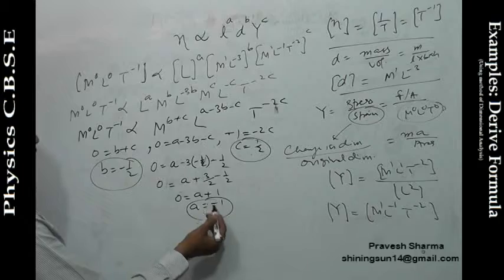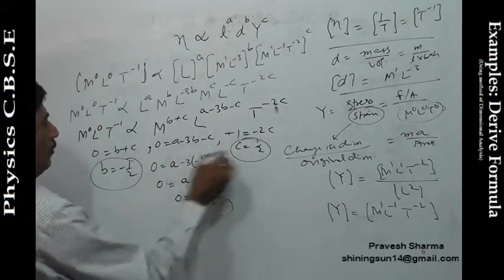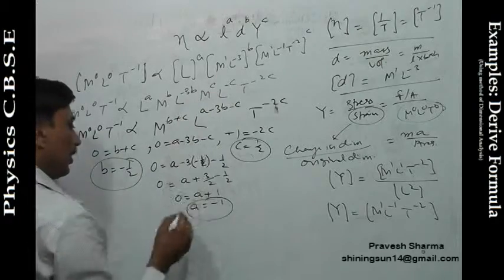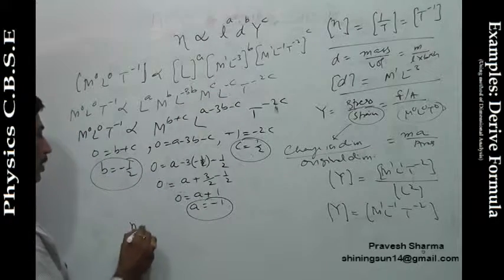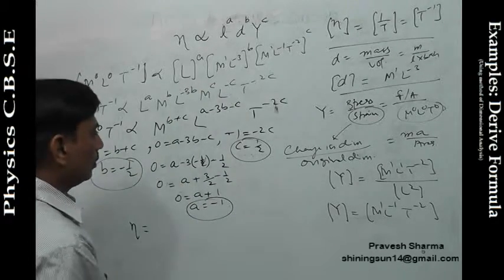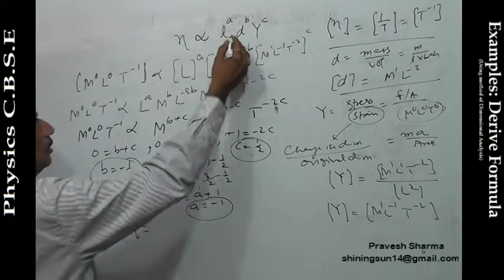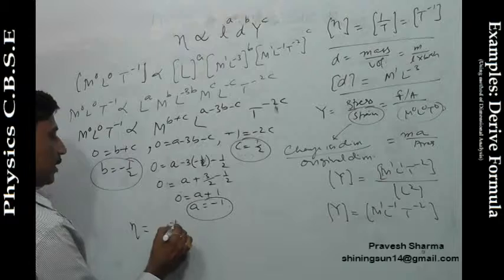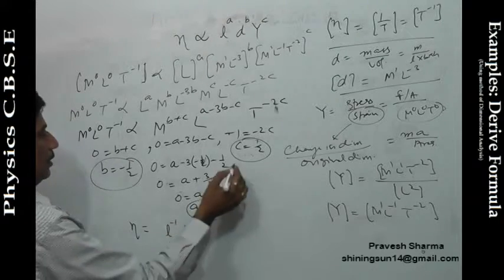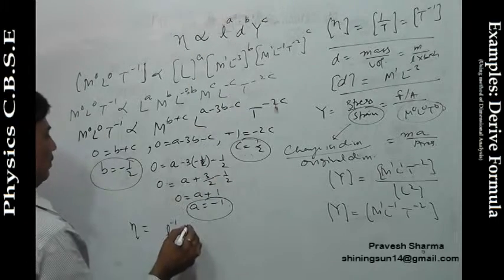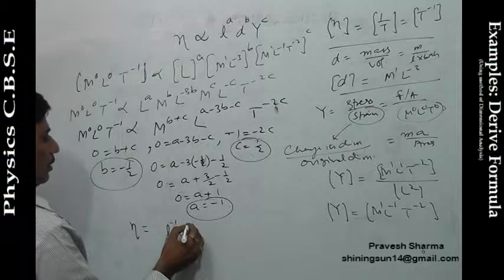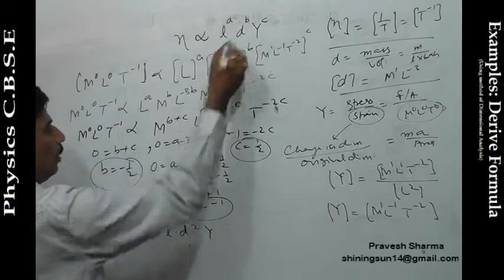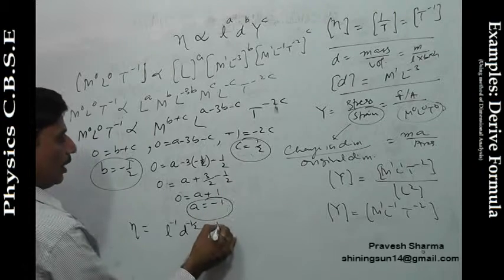So we have got the values of A, B, and C. We put these three values in this expression and we can get the answer. So frequency is equal to L to the power A, which is minus 1, density to the power B, which is minus half, Y raised to the power C, which is half.